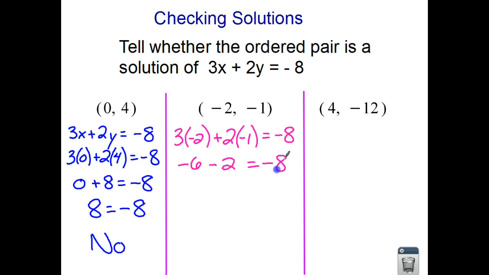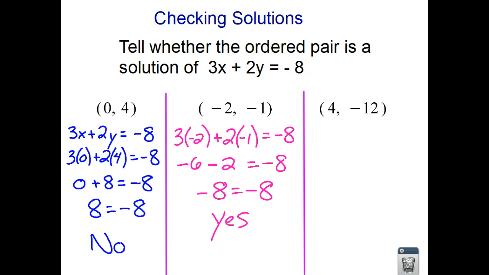Is that equal? Okay. I lost $6 and then I lost 2 more, so I have lost $8. And yes, this is a solution to the equation. This ordered pair will be on my line 3x plus 2y equals -8 when I graph it.